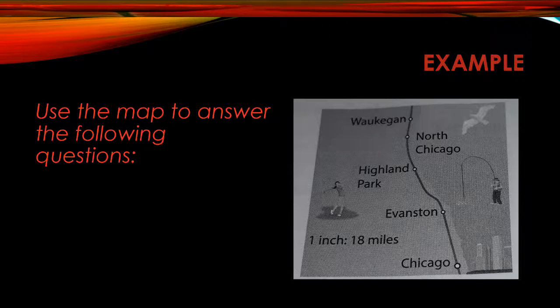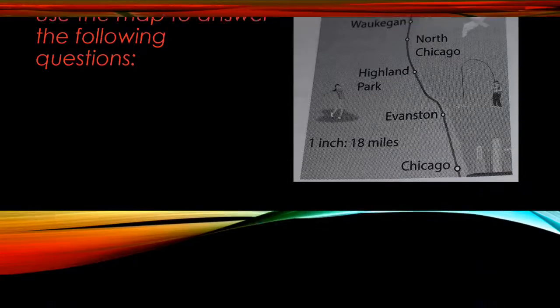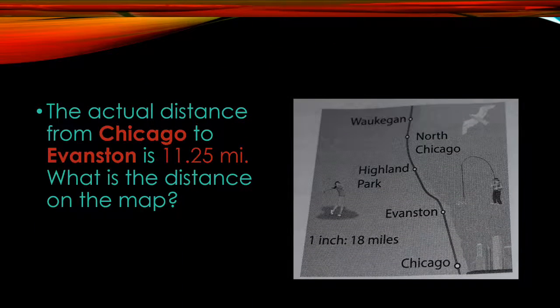Now let's take an example. As you see, this is a part of a map of the United States. We want to use the map to answer the following questions. The first question: the actual distance from Chicago to Evanston is 11.25 miles. What is the distance on the map?